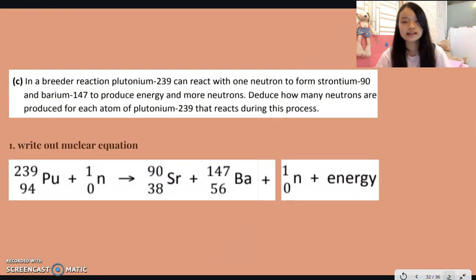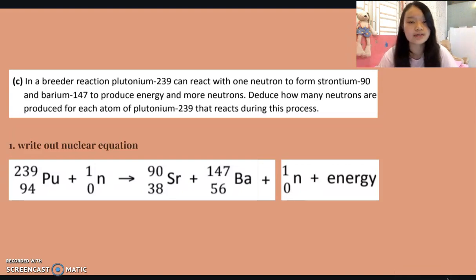For part C, it is asking that in a breeder reaction, plutonium-239 can react with 1 neutron to form strontium-90 and barium-147 to produce energy and more neutrons. Deduce how many neutrons are produced for each atom of plutonium-239 that reacts during this process.